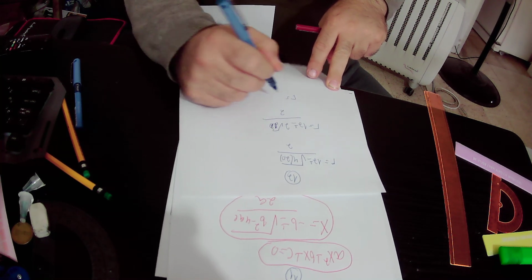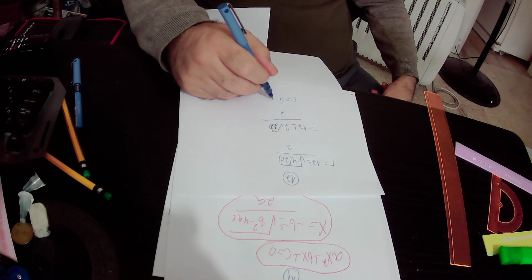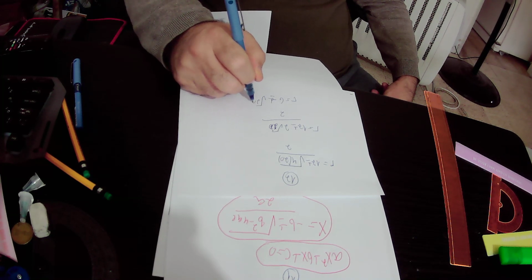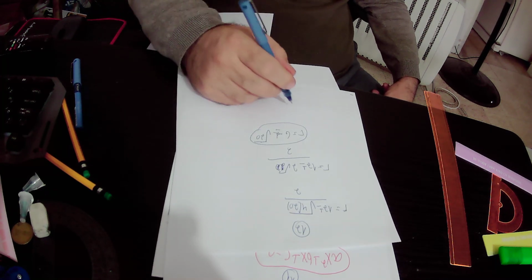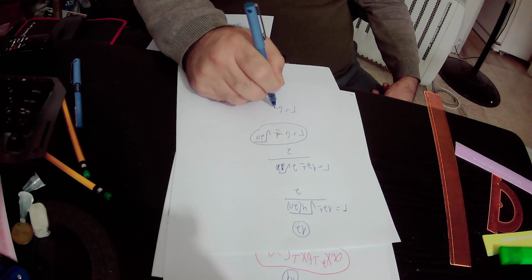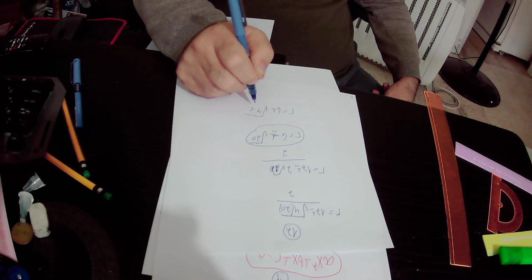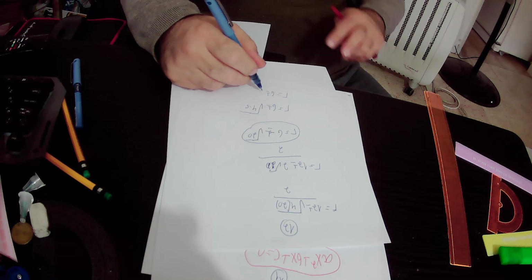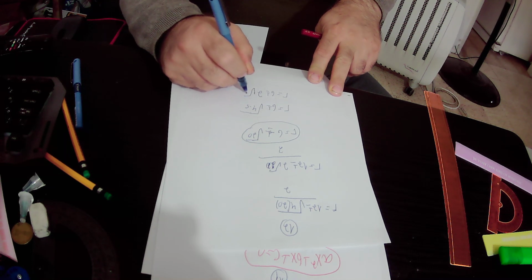So r equals 12 over 2 is 6, 2 over 2 is 1, so in total we get 6 plus minus the root of 20. 20 equals 4 times 5, so r equals 6 plus minus the root of 4 times 5. The root of 4 is 2, so inside the root we have only 5.